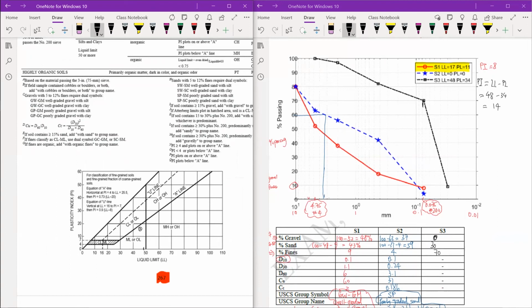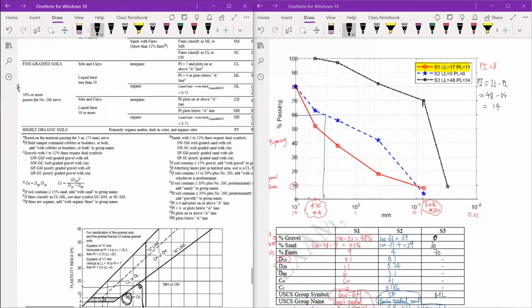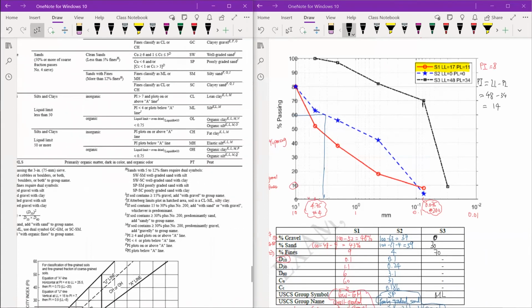So it'll be right here. This is 14 and 48. And we assume there's no organic matter, so it's an ML. So with that, we define our group symbol as ML. And if we further work on our chart for ML soil, it is silt. So we know it is a silt.